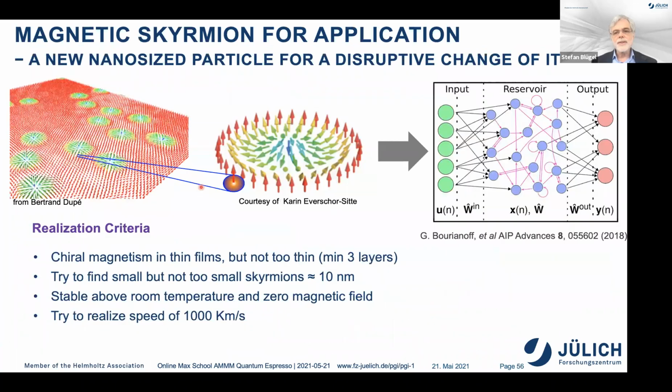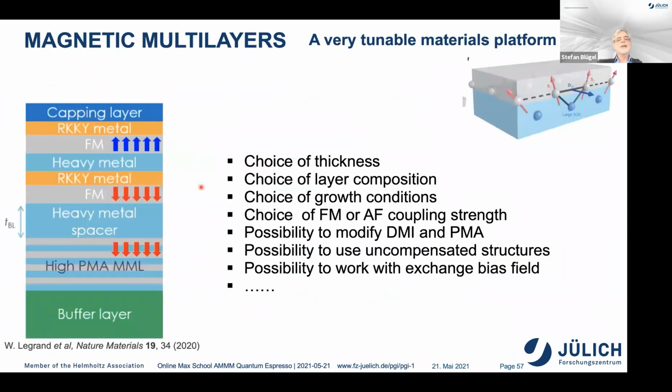I have done these skyrmion applications. A very important material stack to put these skyrmions into reality is the magnetic multilayer, because the magnetic multilayer offers you great versatility in what you can do to massage the magnetic structure, such that your skyrmion and all these properties which you need are at the right Curie temperature, at the right size, at the right stability.